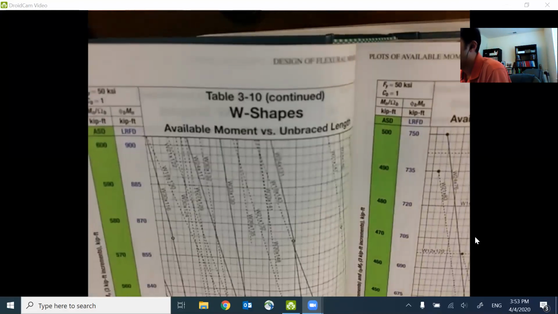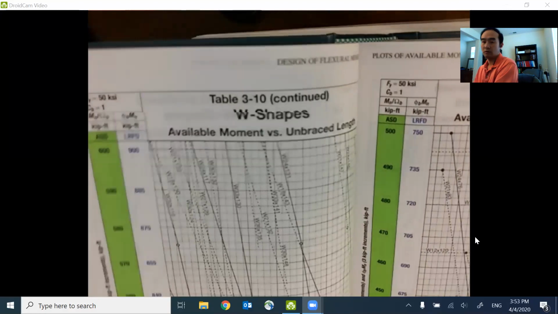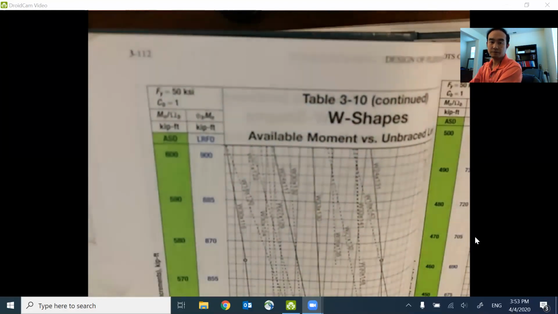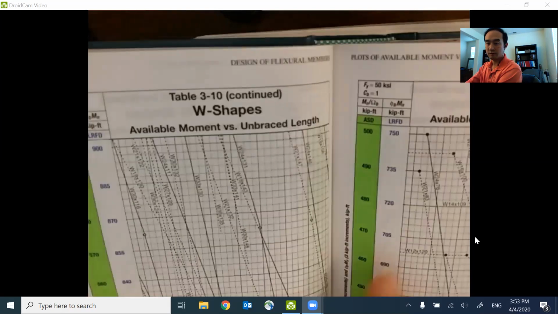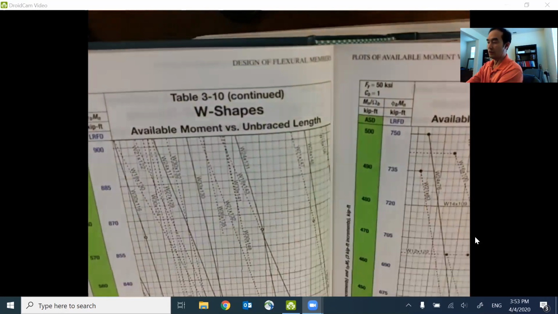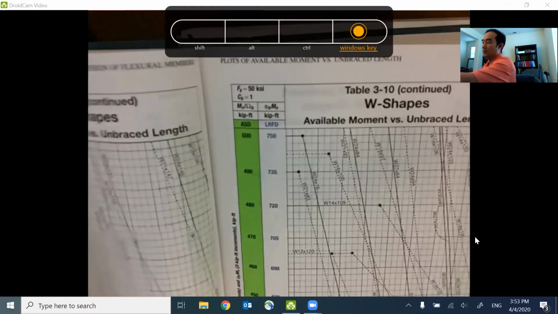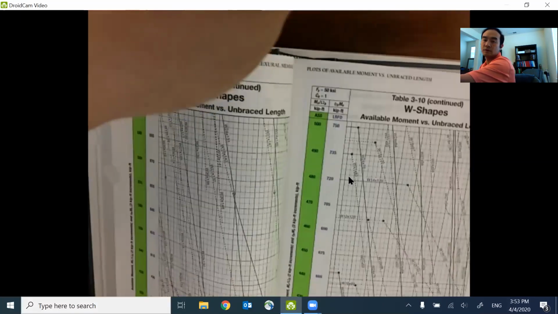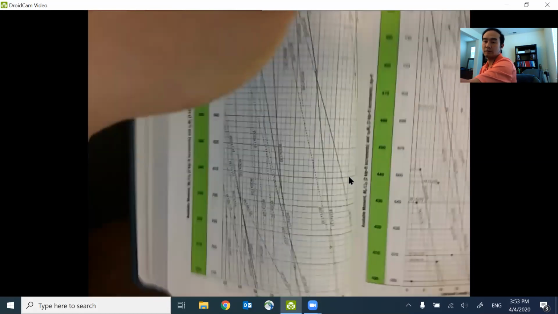So our target demand was 150 as a first trial, and we are using ASD, right? So this is how we can read this chart. It looks something like this.